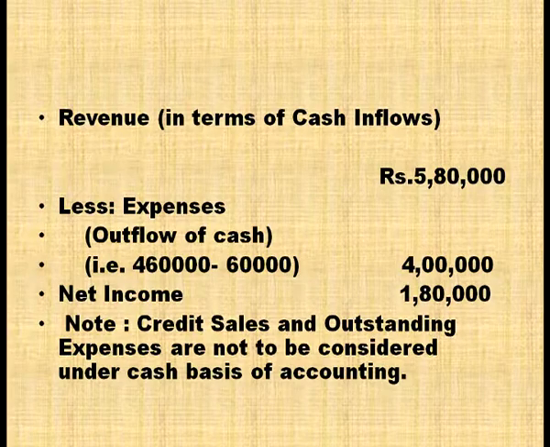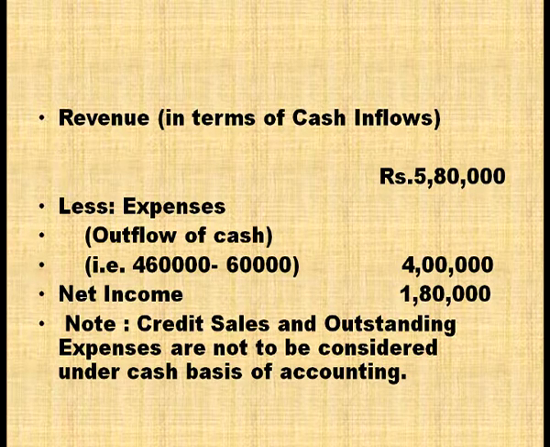Revenue: whatever cash is flowing inside is 5,80,000. Expenses will be deducted from the revenue. 4,60,000 expenses are there, but we have not paid 60,000. So, what we have paid is only 4 lakh. So, expenses came to 4 lakh. Revenue 5,80,000.